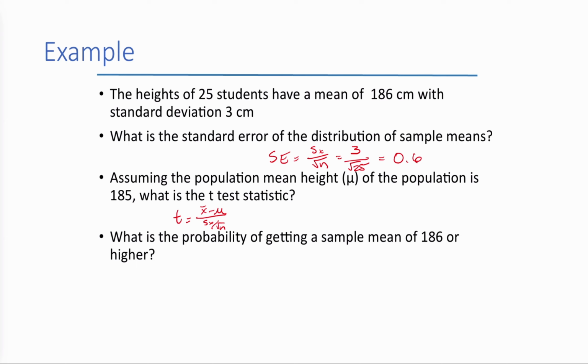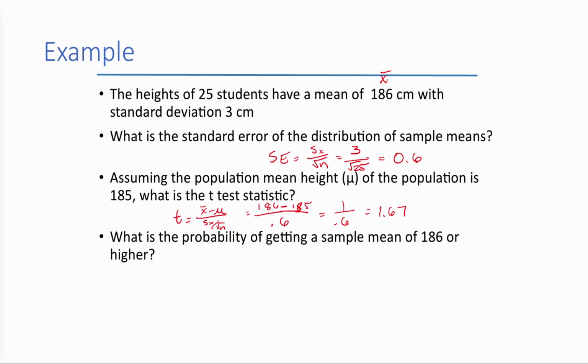So x bar was 186, minus our mu, which is 185, over Sx over the square root of n, which was 0.6. So we get 1 over 0.6, which is 1.67 for our t.